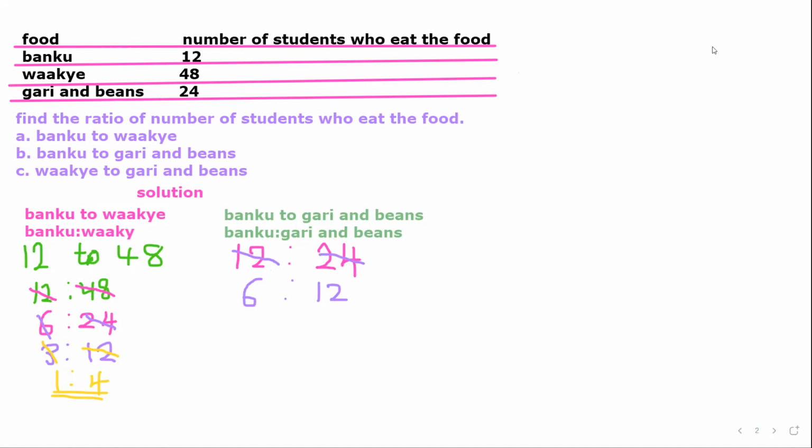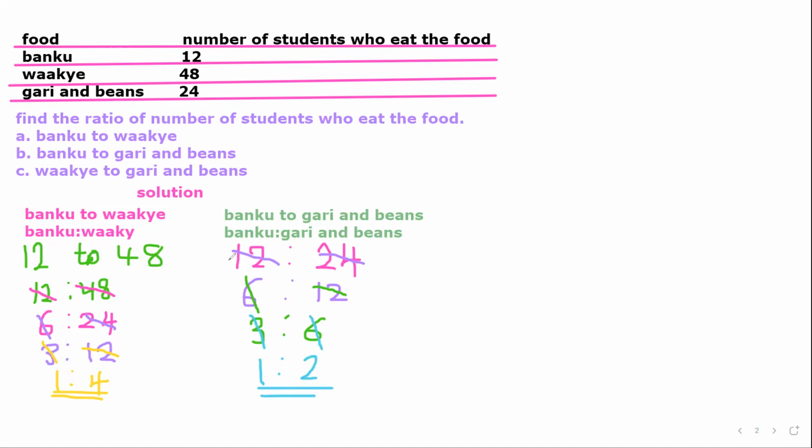Then you find another number to cancel. 2 goes here, 3. And 2 goes here, 6. Then the 3 and 6, you can also reduce them. 3 goes here, 1. And 3 goes here, 2.